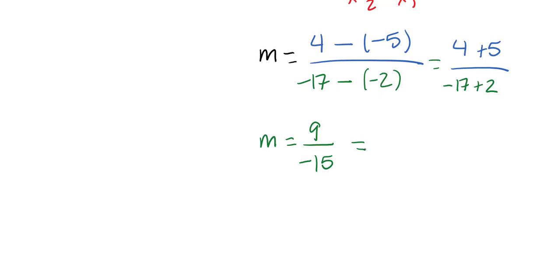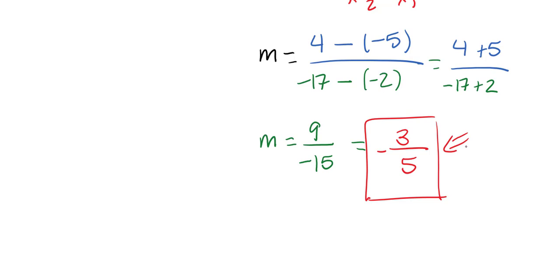Then we want to reduce. We divide the top and bottom by a factor of 3, and now we have -3 over 5, and that would be our slope.